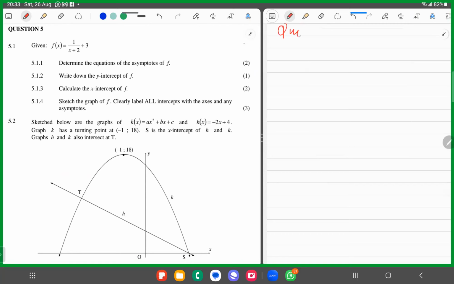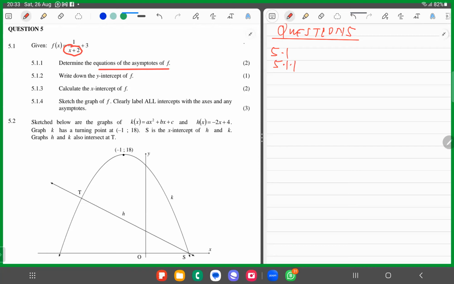Right, so our next focus is question 5. And question 5 is very, very interesting, because it is very examinable. So we're going to look at 5.1.1. Determine the equations of the asymptotes of f. What are the asymptotes of f?